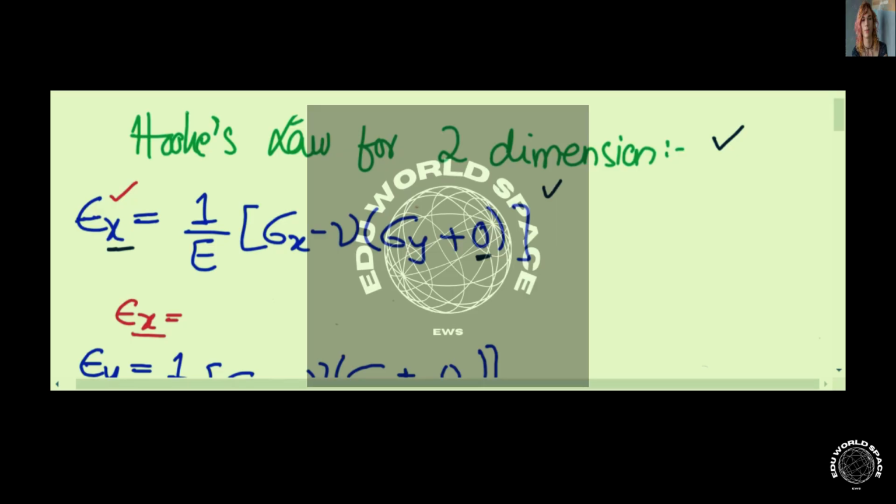And why is this zero over here? Because we do not have any z direction, so the z component is zero. So we have the equation, we just need to simplify it.